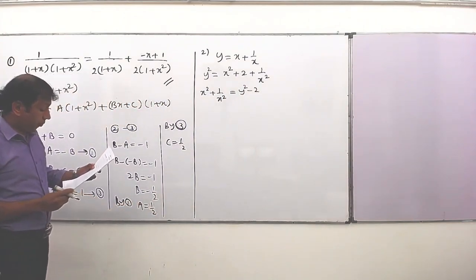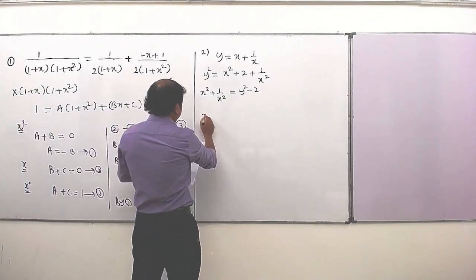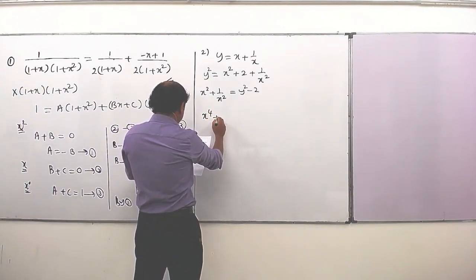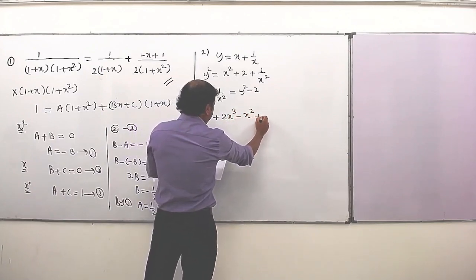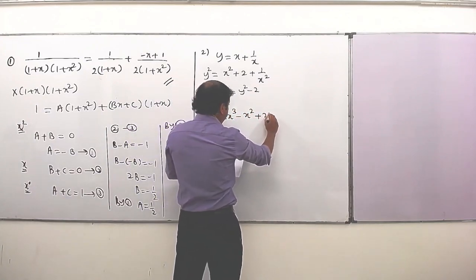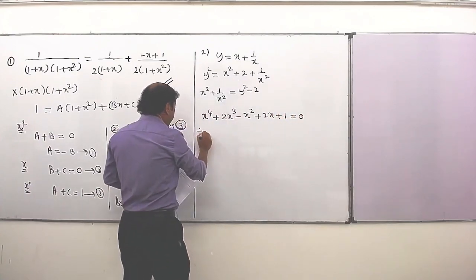Now we'll take the given equation. Given equation is x to the power 4 plus 2x cubed minus x squared plus 2x plus 1 equals 0. We'll divide this by x squared.